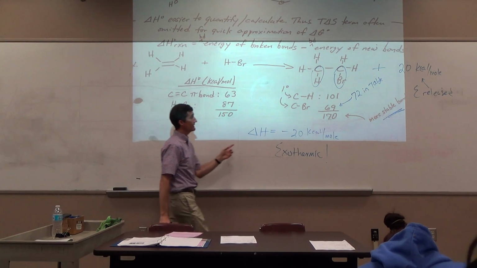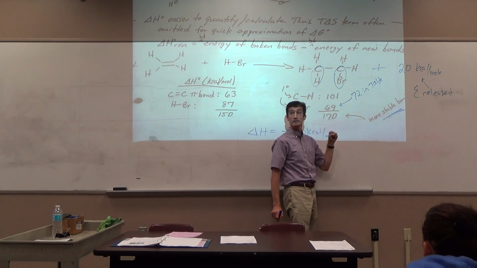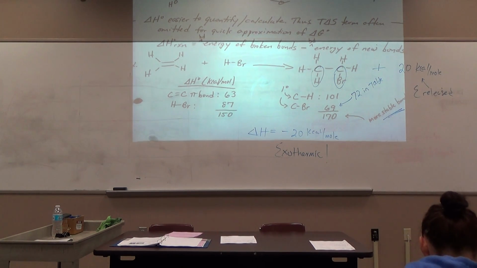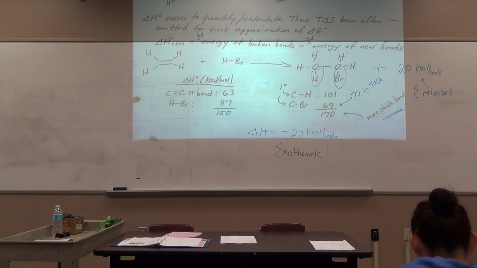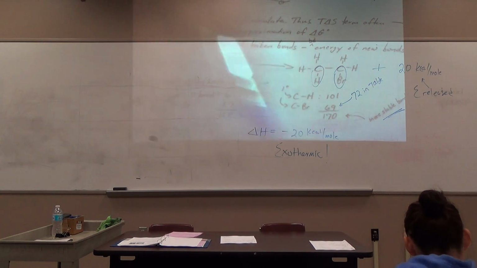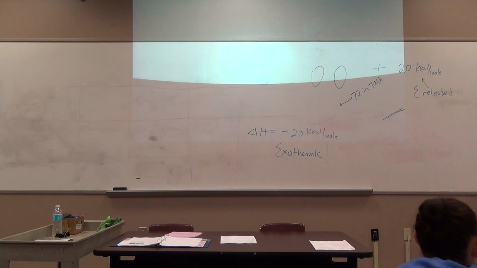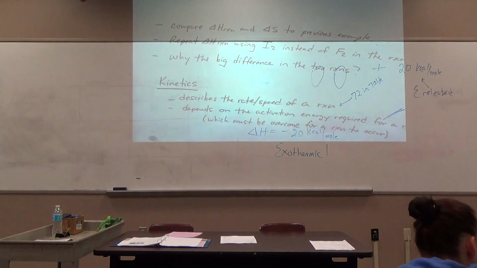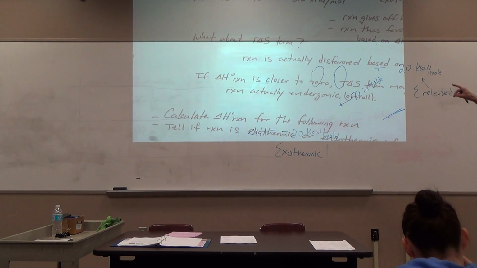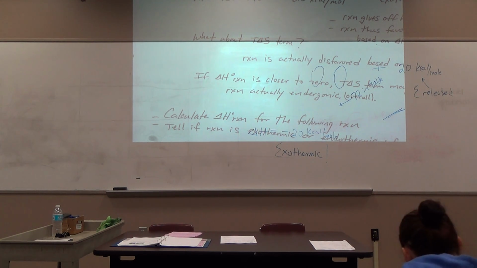I look at it and say, this side's more stable, difference is 20, it should be negative 20 because this side's more stable. That's the way I do it. Everybody understand why it's negative 20, not positive 20? So there it is. It's 150 minus 170. I reckon that's reactants minus products.